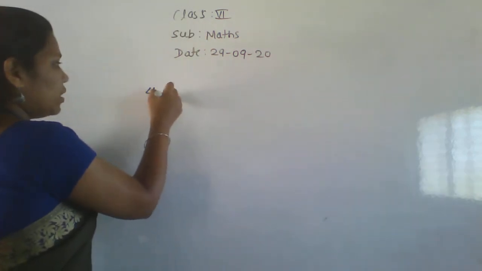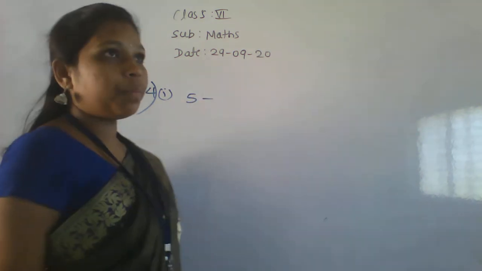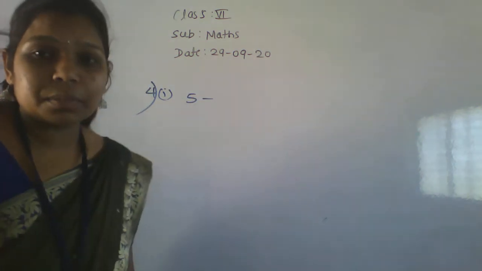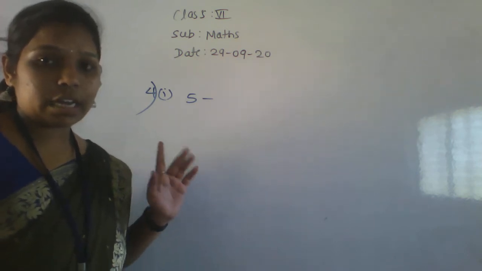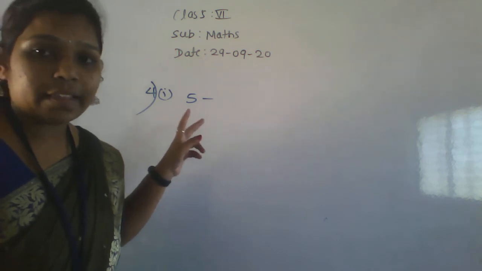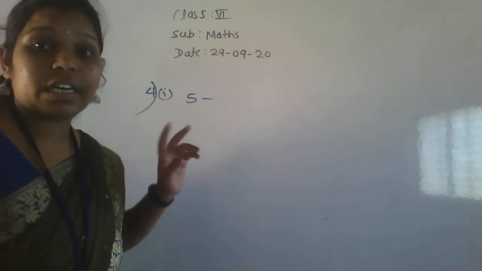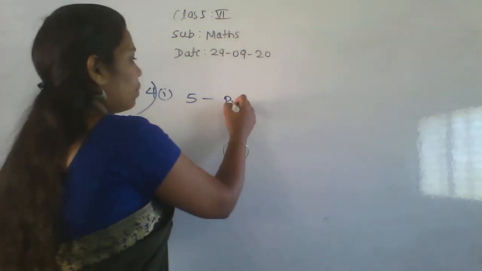Fourth main, first one. What is given? 5. Whether 5 is a prime number? Yes, 5 is divisible by 1 and by itself. Is 5 divisible by any other number? No, it is not divisible by any other number. Only 1 and 5. So it is a prime number.